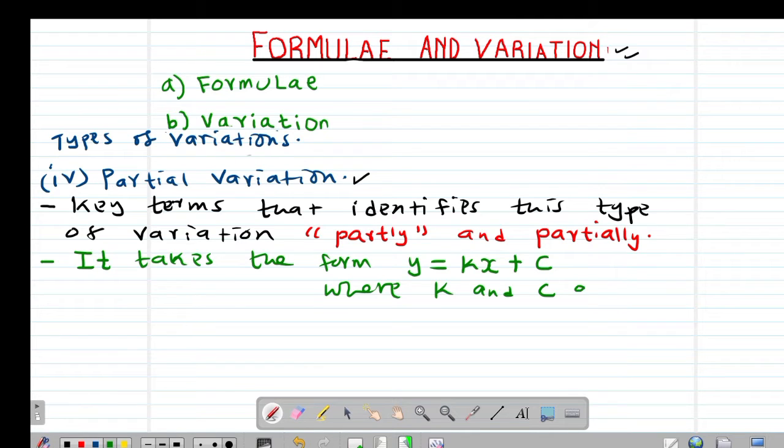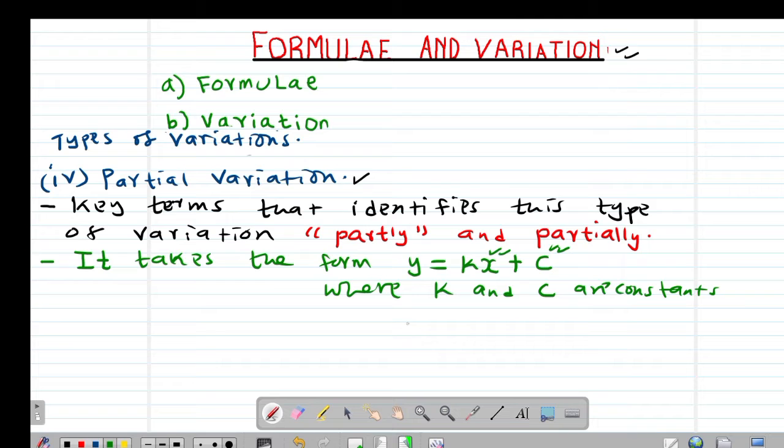So these are cases whereby you can be told, for example, that a quantity y is partly constant and partly varies as another quantity x, so that k and c would represent the constants of that particular variation.